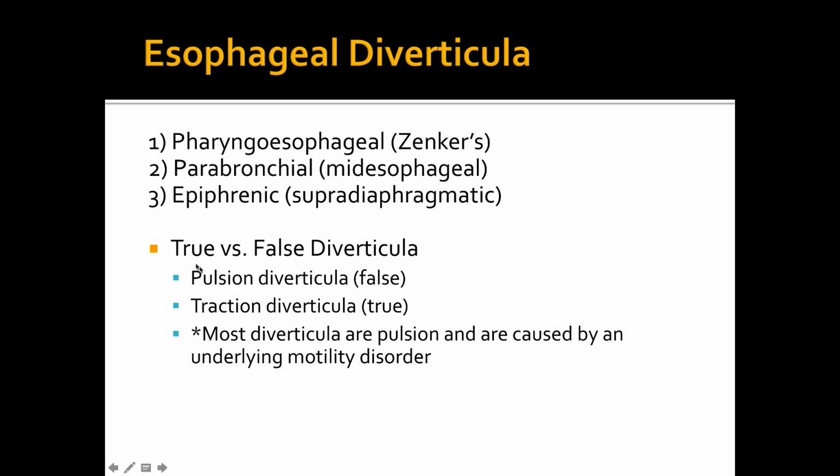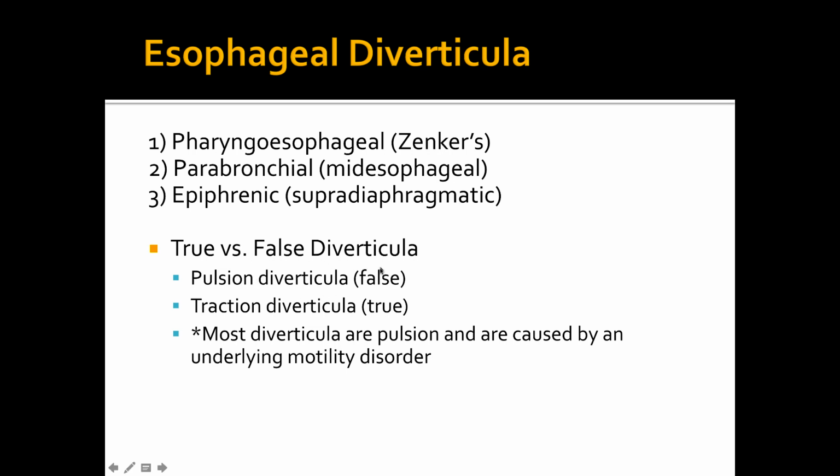As far as classification of diverticula go, as we know, a true diverticulum, like a Meckel's diverticulum, involves all layers of the viscus. A false diverticulum, like a typical colonic diverticulum, is due to increased pressure distally, so the pressure has to be dissipated somehow, and the mucosa outpouches between the muscle layers.